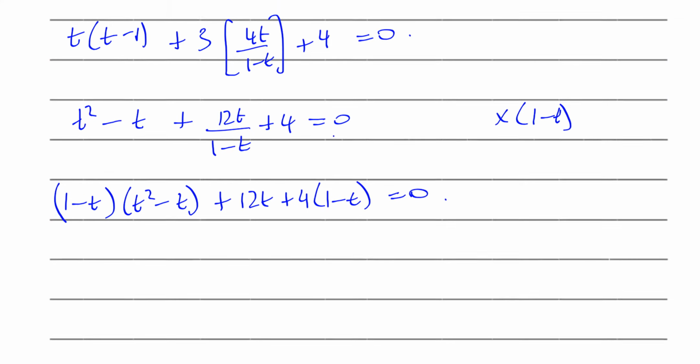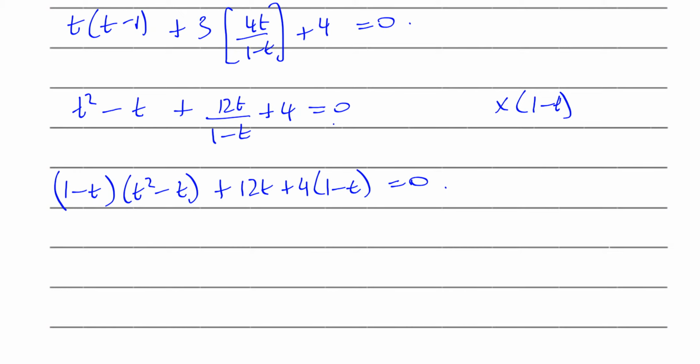So now if I expand this, it's going to give me t squared minus t cubed plus t squared, right? That's right. I've got plus 12t plus 4 minus 4t equals 0.